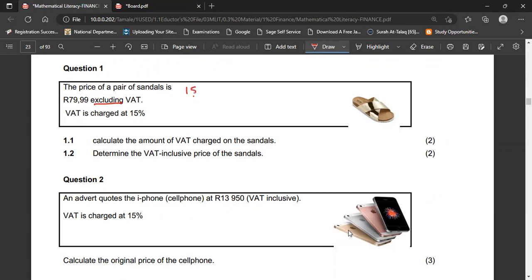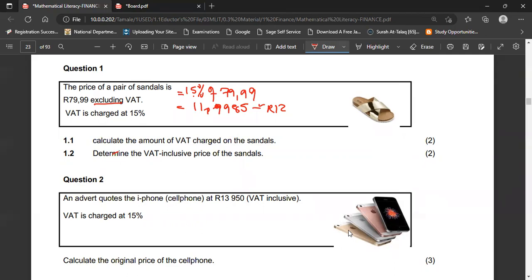You will just take 15% of 79.99, which becomes 11.99, which is 12 rands when you round off.